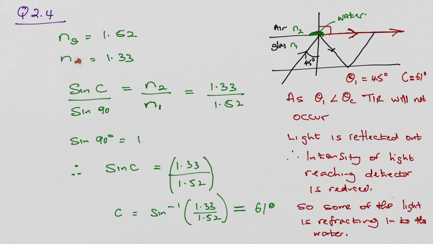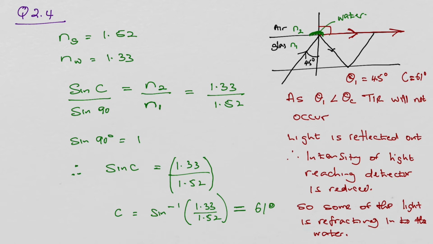Now the refractive index of water is 1.33. Again, using Snell's law, we have the sine of the critical angle over the sine of 90, and that equals n2 for water over n1 for the glass.